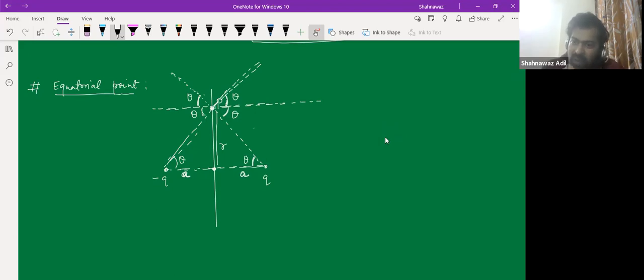If you have these rectilinear coordinates, let's say this is the x-axis, this is the y-axis, and this is some vector A whose magnitude is A. Let's say this angle is theta. Then what would be this part?